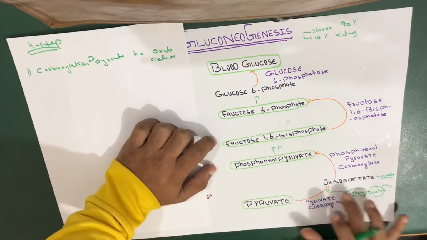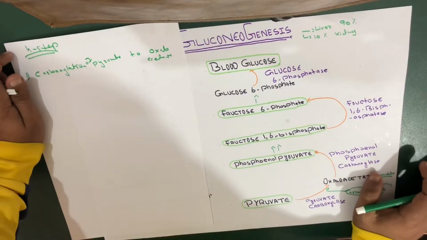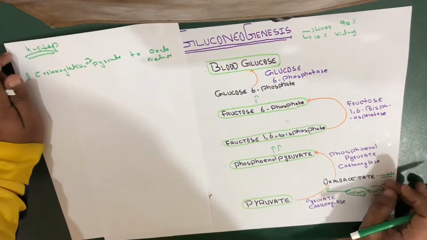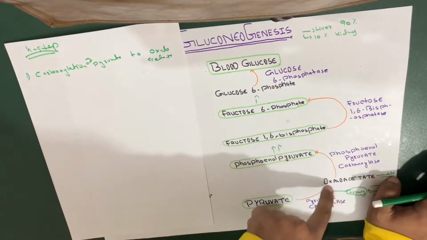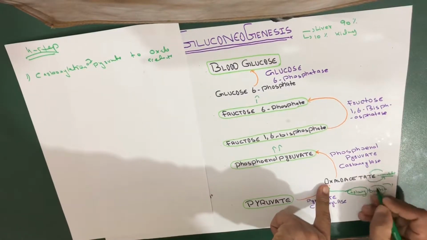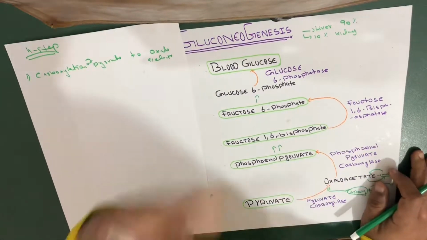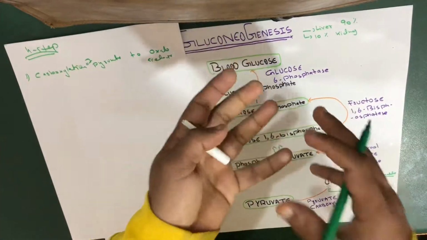So we convert this oxaloacetate into malate, and malate goes outside. Again, first oxaloacetate converts into malate, and as malate goes into the cytosol, it is again converted into oxaloacetate. So malate is only a way to get out.